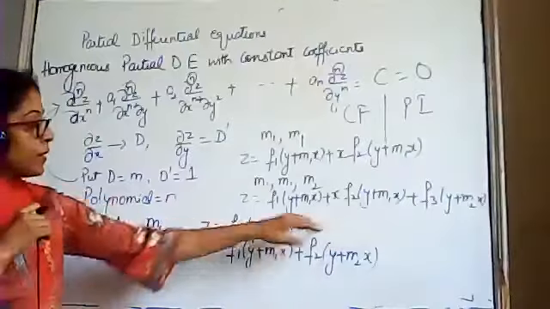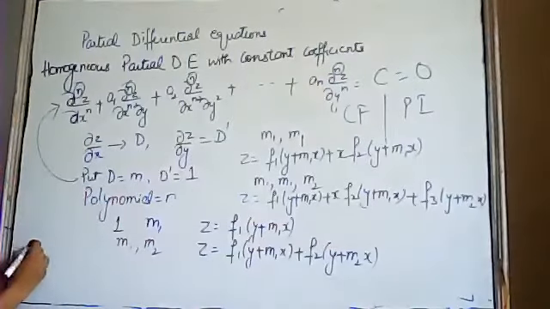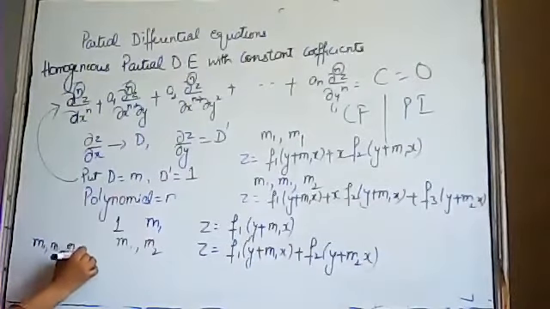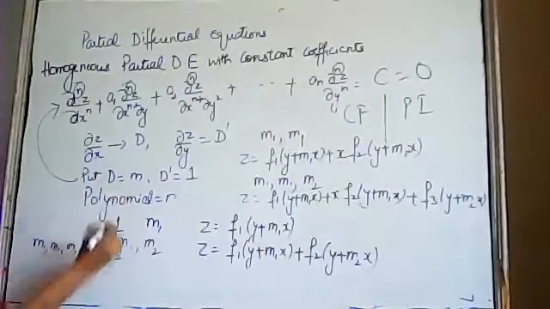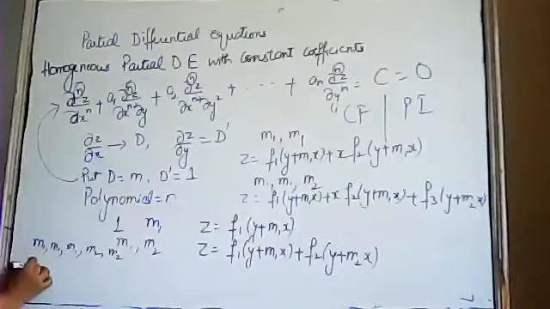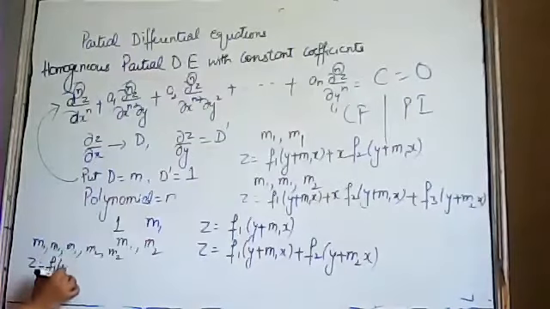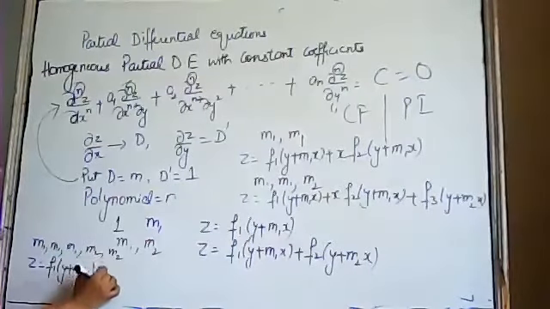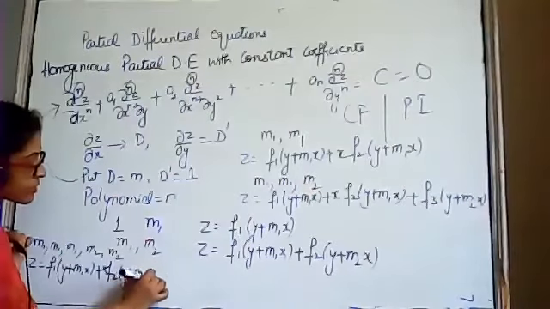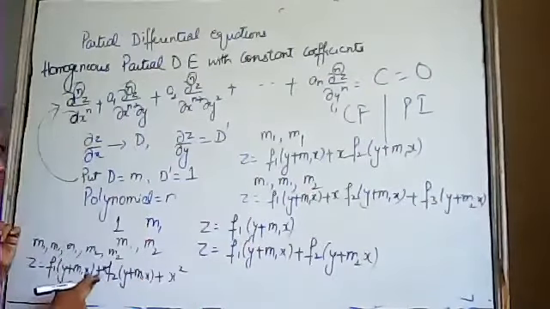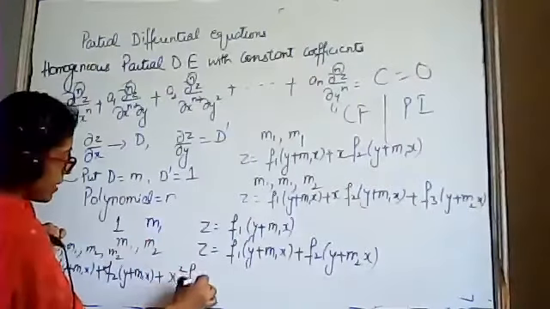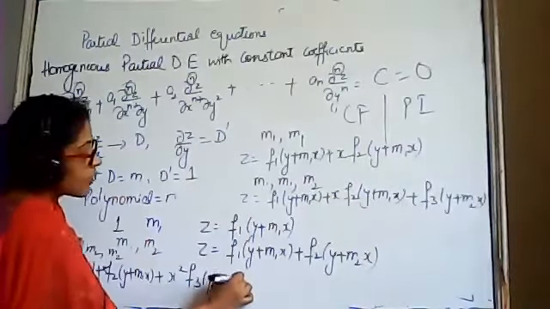Is this clear? Similarly, if we have five roots, m1, m1, m1, m2 and m2, three roots the same and two roots the same, the complementary function will be f1(y + m1x) + x f2(y + m1x) + x² f3(y + m1x). The powers of x increase.